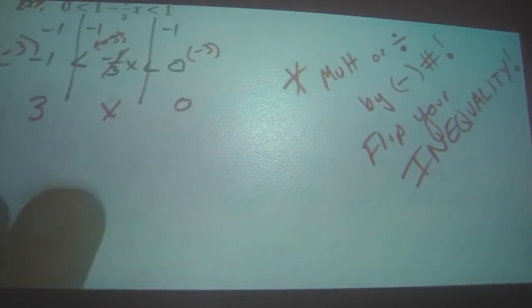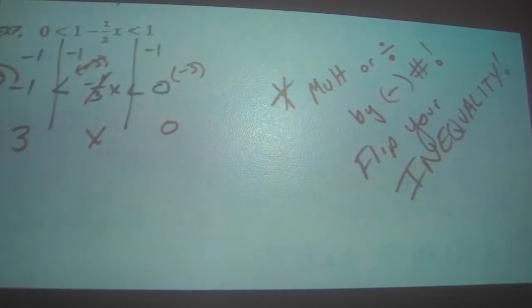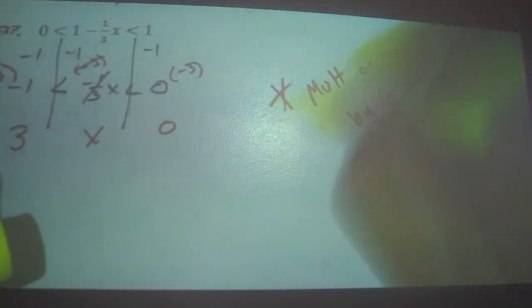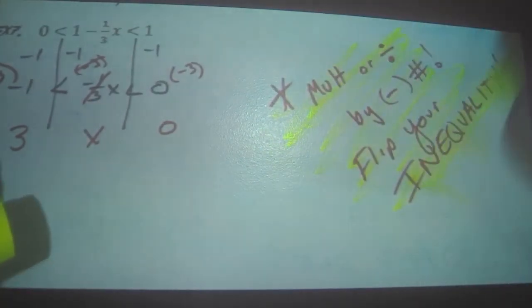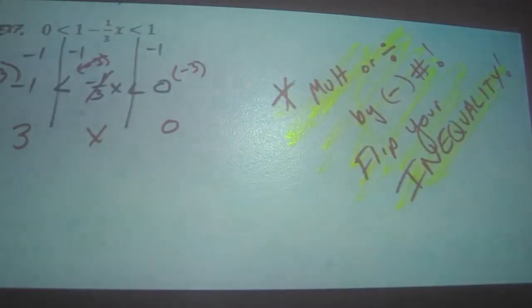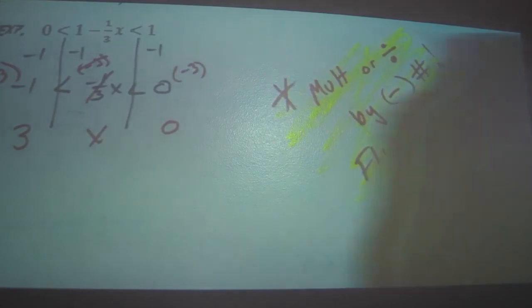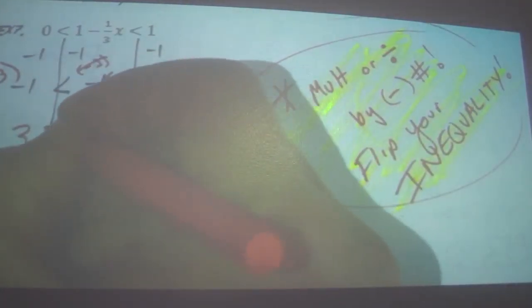So anytime you multiply or divide by negative, you got to flip that inequality sign. Highlight that. Don't forget that. You make silly mistakes on my math lab and you lose points because of that. So that guy right there is now 3 is greater than, and that less than is now greater than.